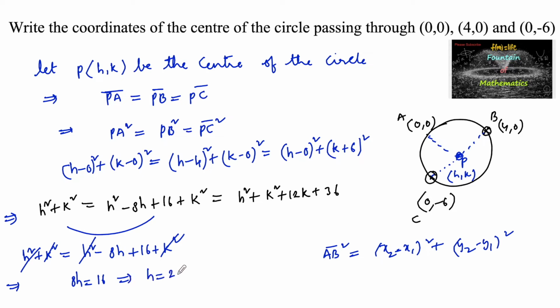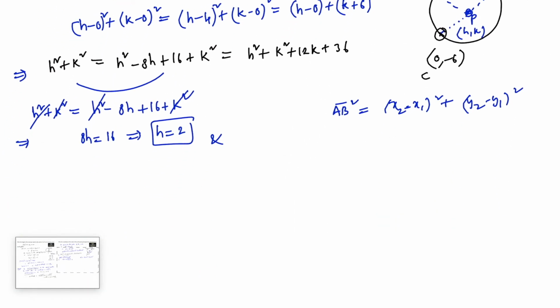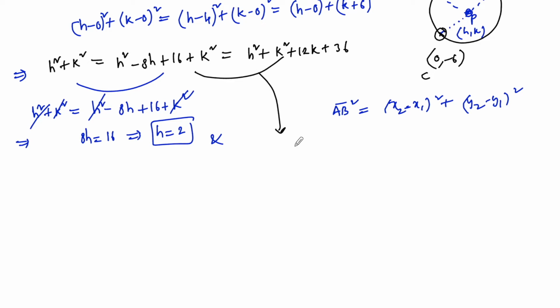So we have H is equal to 2. And by solving second and third, we have H square minus 8H plus 16 plus K square is equal to H square plus K square plus 12K plus 36.